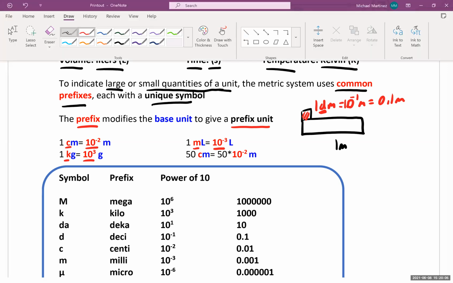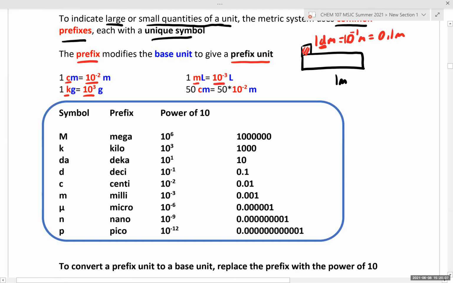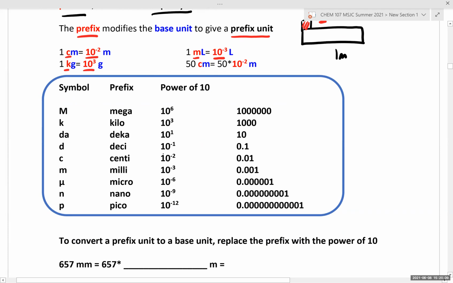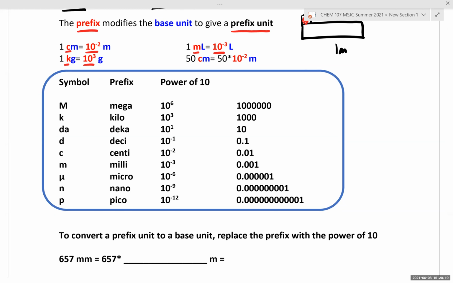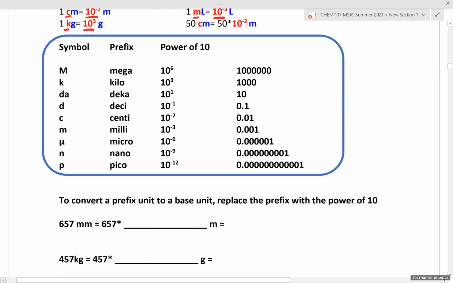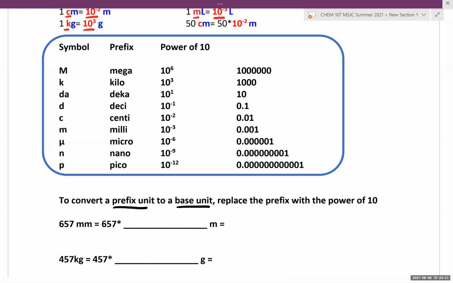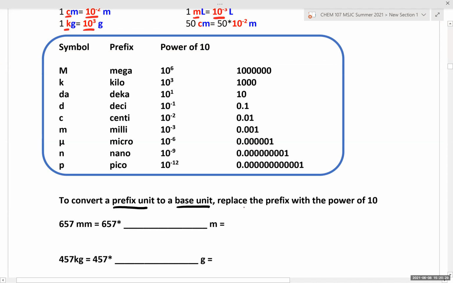Now, the beautiful thing about each of these prefixes is they're based on powers of 10. So you're responsible for memorizing the prefixes and memorizing each of these powers of 10. The reason for that is because when you want to convert a prefix unit to a base unit, this is where it's really easy. All you have to do is replace the prefix with the power of 10.